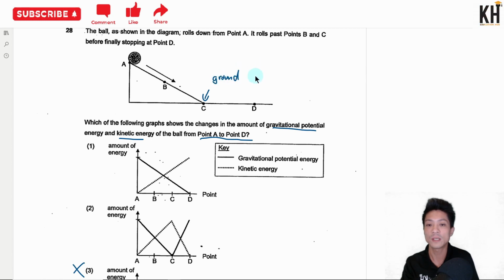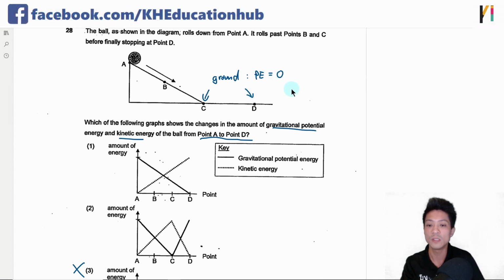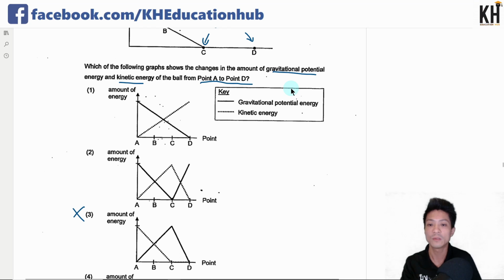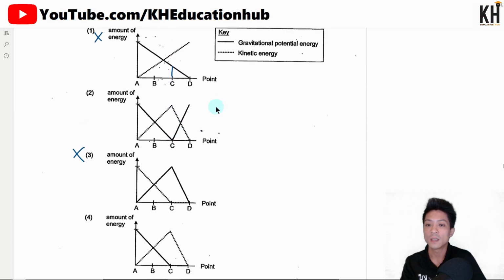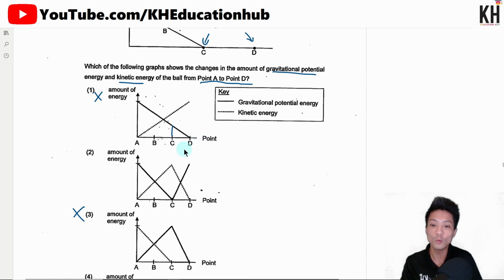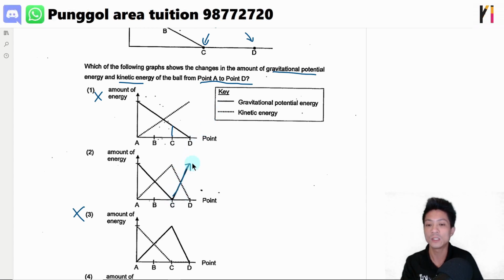Okay, so in this case, the potential energy will be equal to 0. In fact, from C to D, the potential energy should be 0. So number 1 is also out because at C, the potential energy is not 0. And option 2 is also out because from C to D, it is showing that the potential energy is increasing.